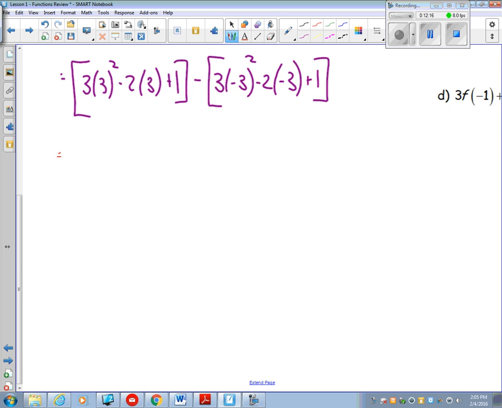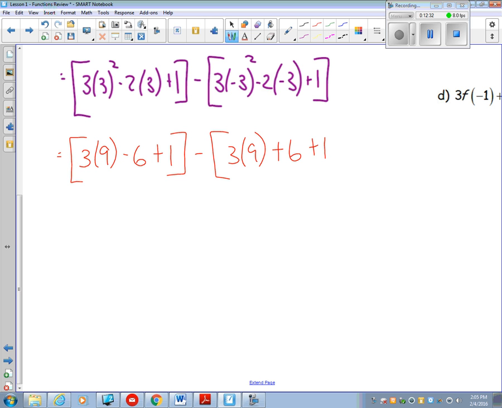So, exponents first. 3 times 9 minus 6 plus 1 minus 3 times -3 squared is also 9, right? 2 negatives make a positive. Plus 6 this time, plus 1.